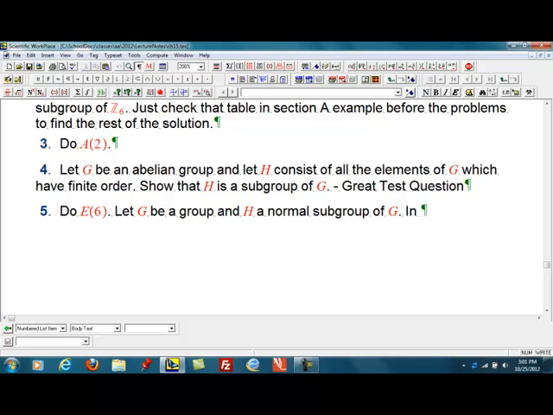In the integers, the rational numbers mod the integers. Oh, that's fine. Show that every element has finite order.